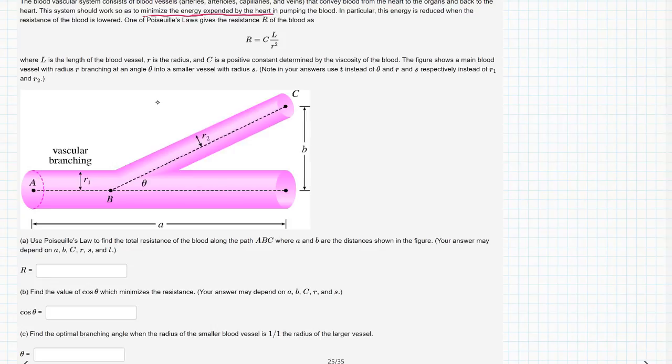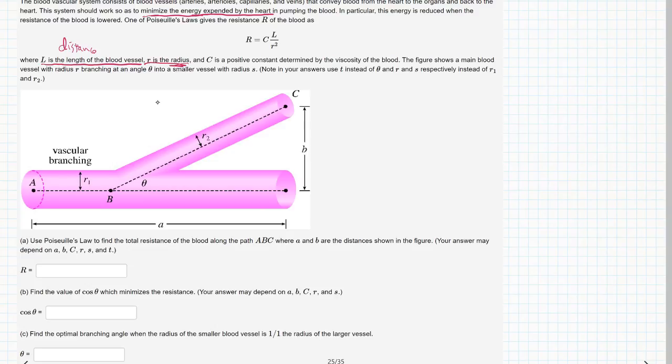This energy is reduced when the resistance of the blood is lowered. One of, I'm going to horribly mispronounce this, Poiseuille's laws gives the resistance R of the blood as R equals C times L over r squared, where L, okay, this is important, L is the length of the blood vessel, so that's talking a distance. r is the radius, okay, so that's convenient there.